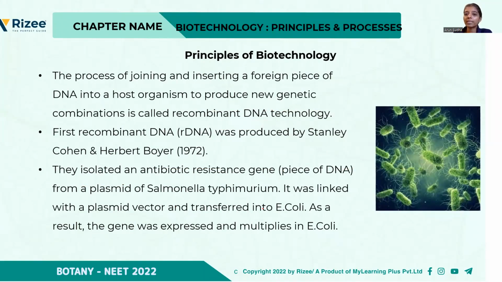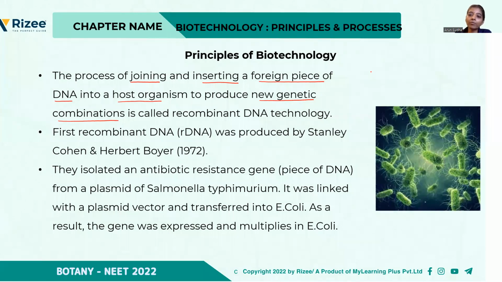So what is the basic principle? It is the process of joining and inserting a foreign piece of DNA into a host organism to produce new genetic combinations. Normally the plasmid will have its own set of sequences, right? Now the foreign DNA is introduced into that plasmid DNA, so it leads to a new genetic combination.